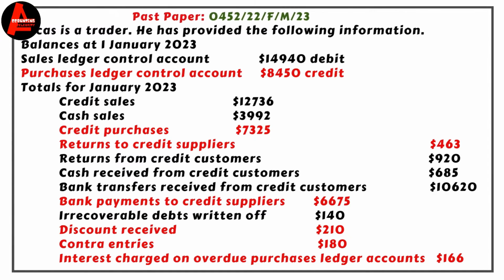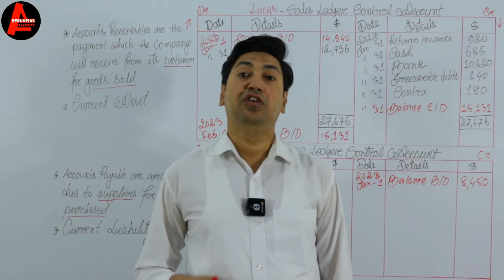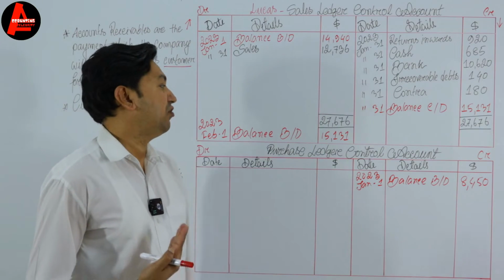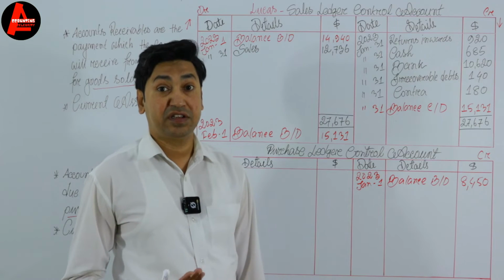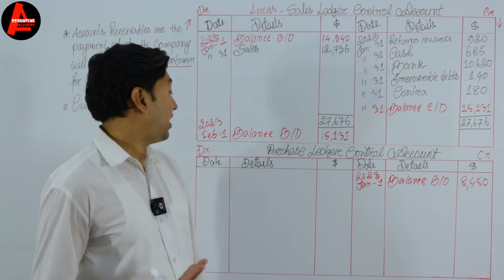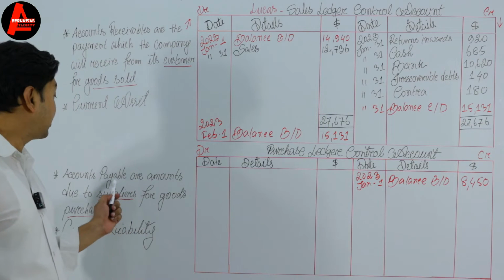Here credit sales, cash sales we have taken, and credit purchase we have here $7,325. Credit purchase will appear. Now which side will we record, the debit side or credit side? First of all, you need to understand accounts payable.